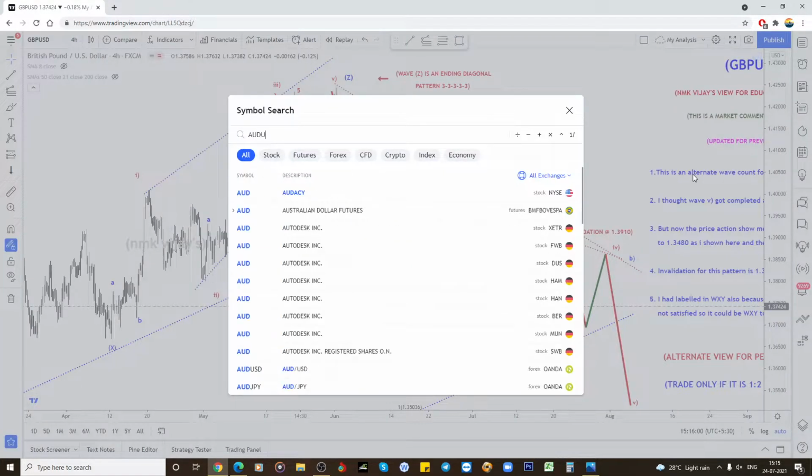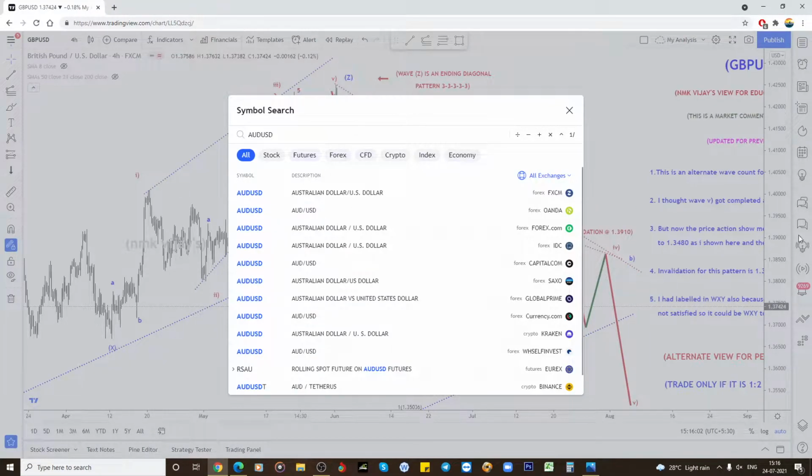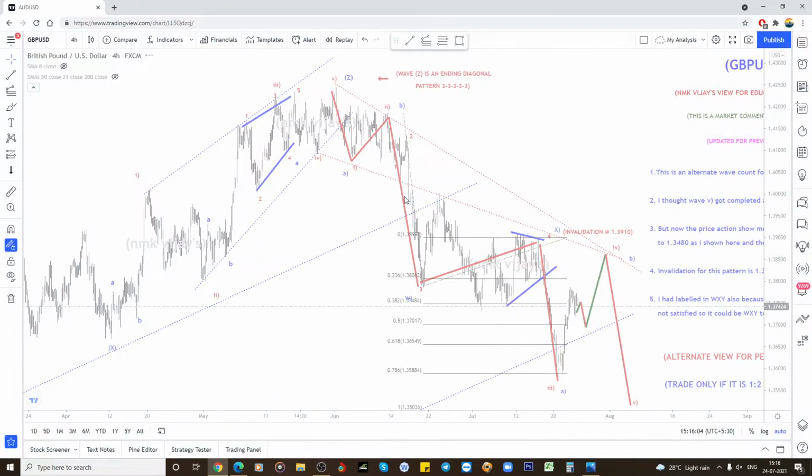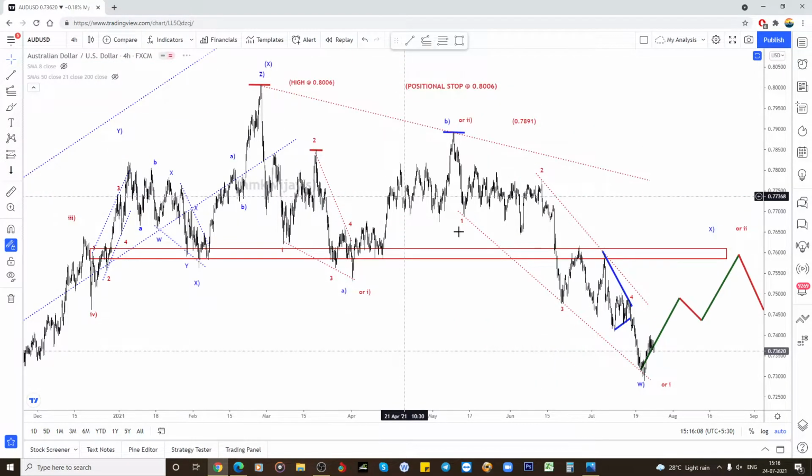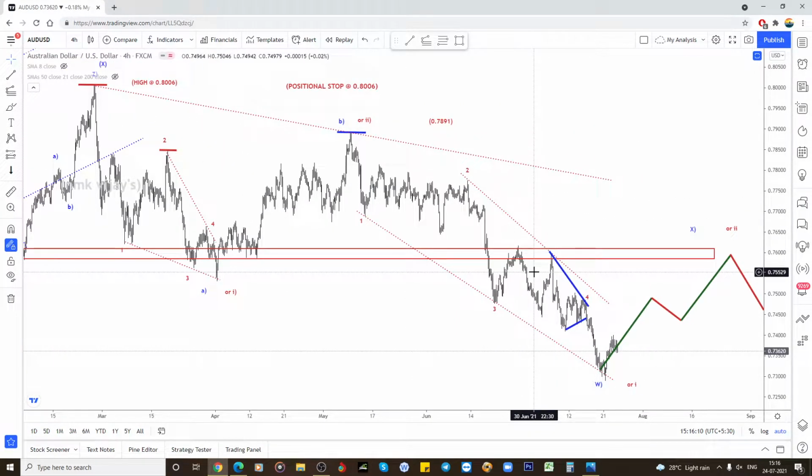So let's move on to the Australian dollar. Last week, what I had shared from this July, is nearly 90% accuracy. Only the JPY pairs, AUD JPY, CAD JPY and New Zealand JPY, that I had already shared.